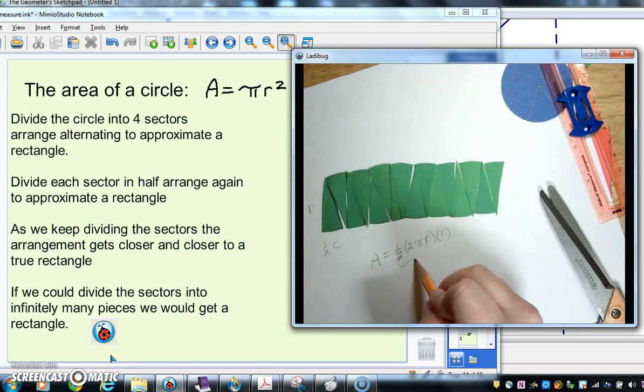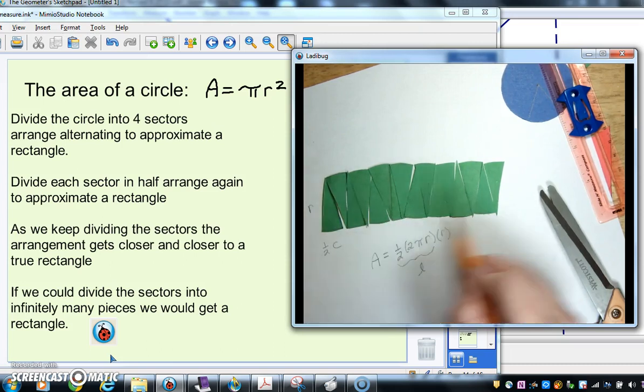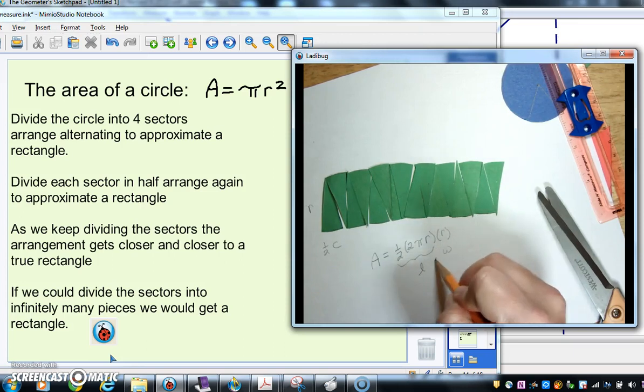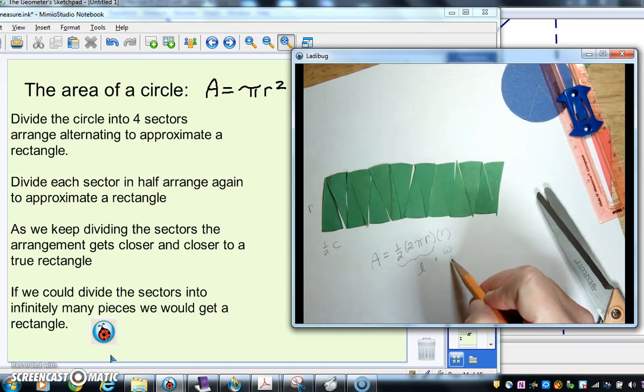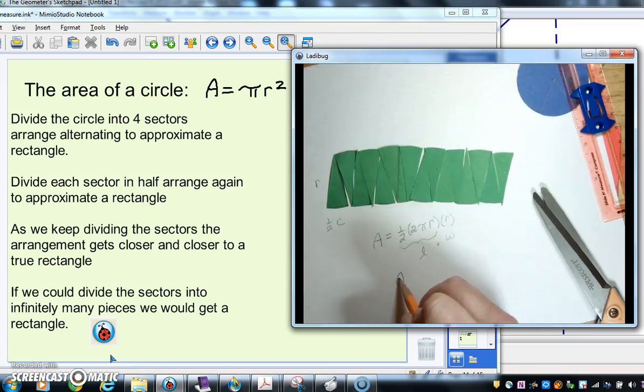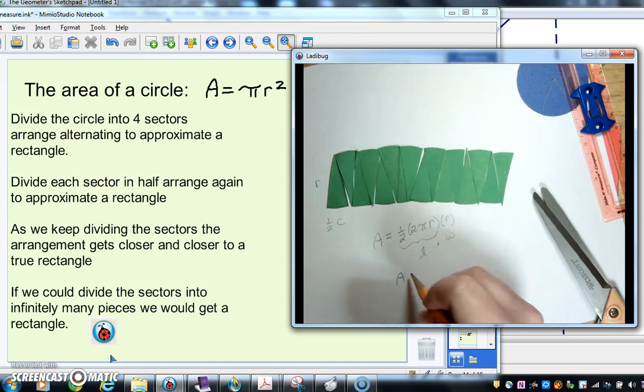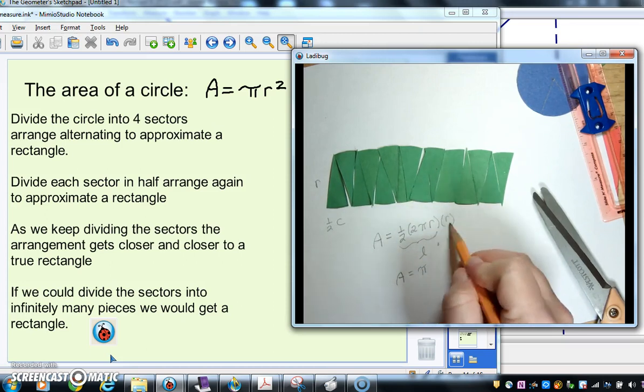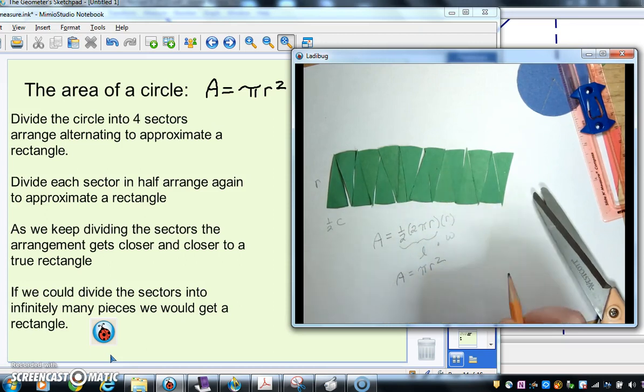So this is the length of our rectangle, and this is the width. Area is length times width. Half of 2 is 1. So the area of our circle is going to equal pi times r, which is r squared. So the area of a circle is derived by cutting the circle infinitely many times, with the length of 1/2 times the circumference times the width, which is the radius.